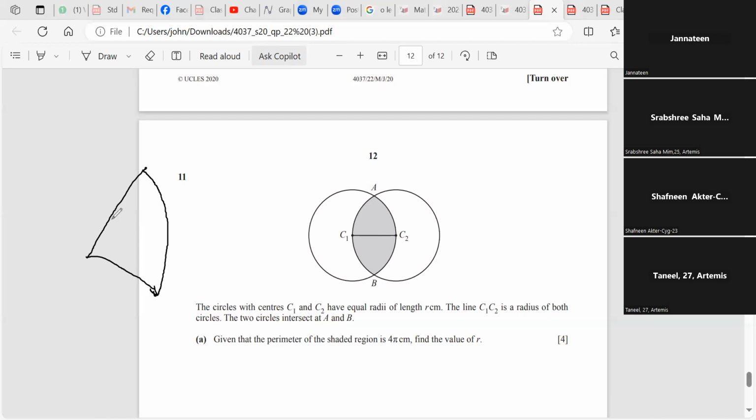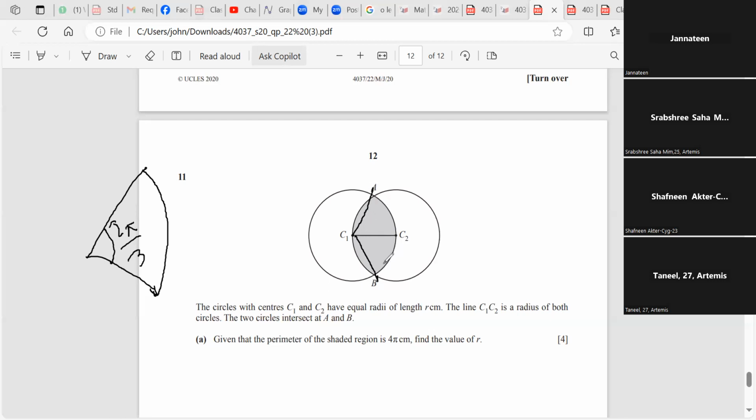Okay, just the arc length, not this part, only the arc length. So the angle is what? 2 pi by 3. The angle is 2 pi by 3. So this is the arc length.